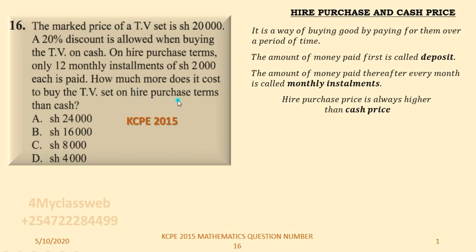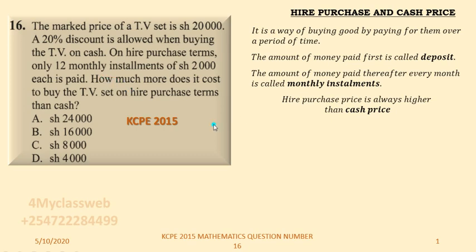Going back to this question, you will find that there is no deposit that was kept for that TV set. The seller agreed to receive the monthly installments without any deposit. So you need to note that.